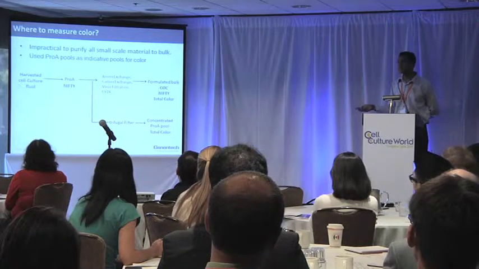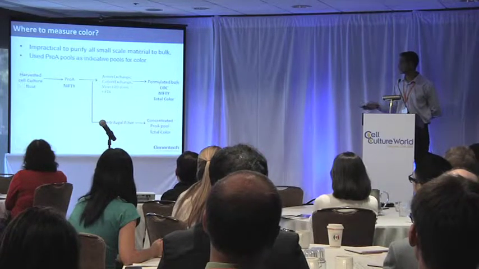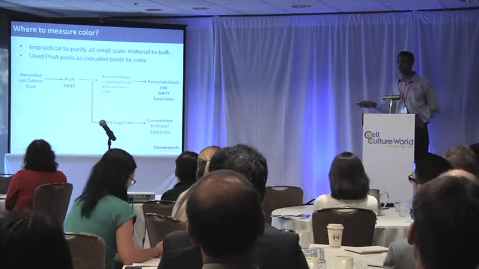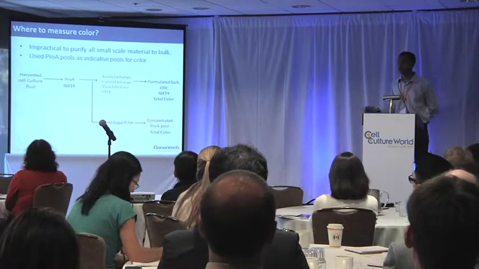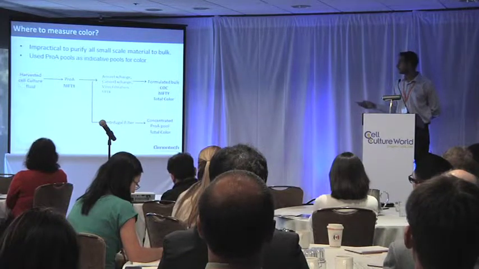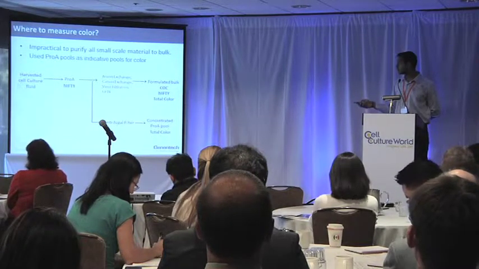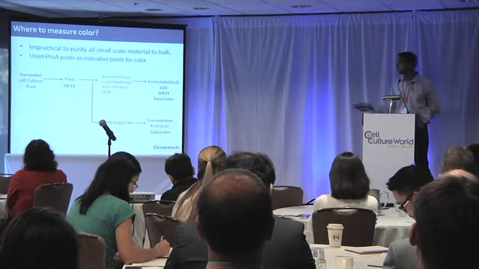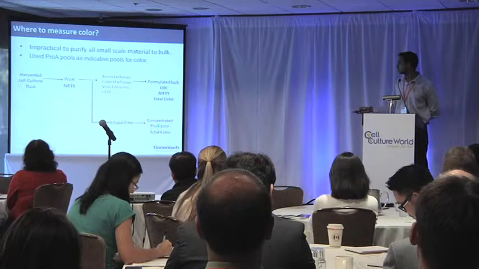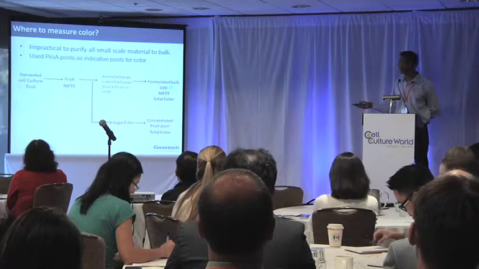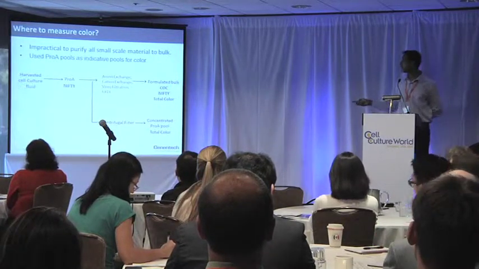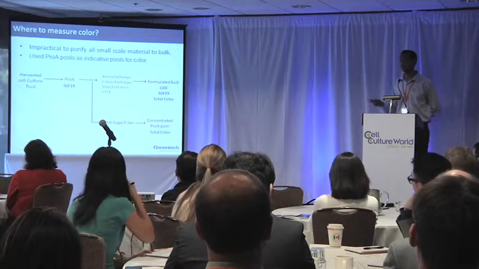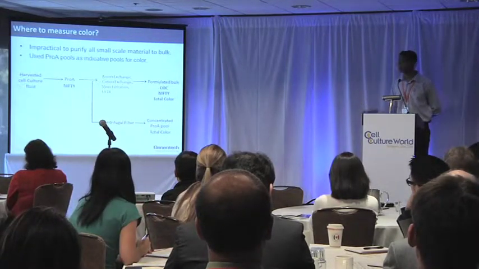However, we're able to use the NIFTY method, which I just described in the previous slide, both at the Pro-A pool as well as the formulated bulk, because it is a concentration normalized method. It's independent of concentration. What we also find out is that we can use the total color method at the Pro-A pool, except that we have to concentrate it up to the same concentration as the formulated bulk itself. So this way, we're able to use both the NIFTY method and the total color method on the Pro-A pool, thereby reducing a lot of resource that we put into assessing color.